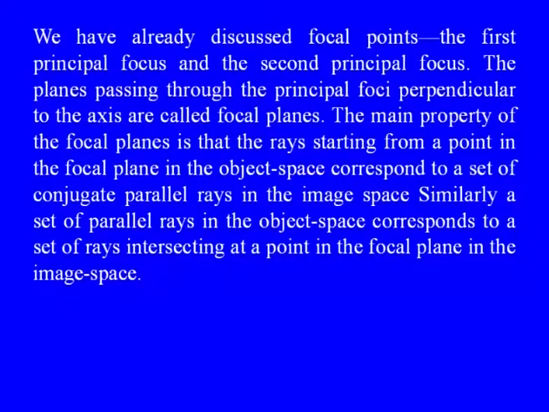We have seen that. Similarly, a set of parallel rays in the object space correspond to a set of rays intersecting at a point in the focal plane in the image space.